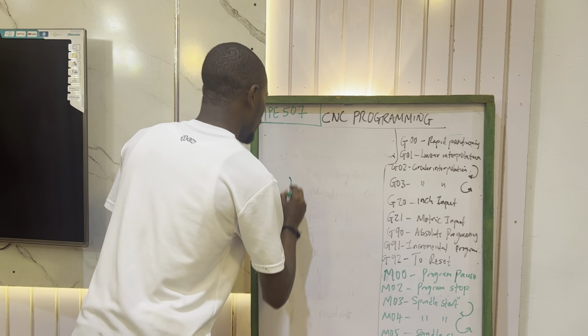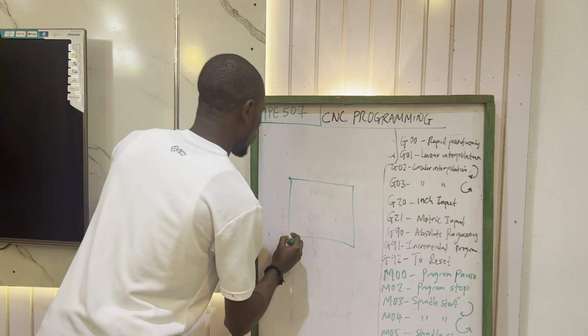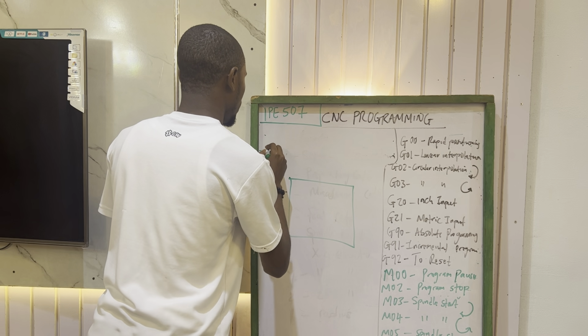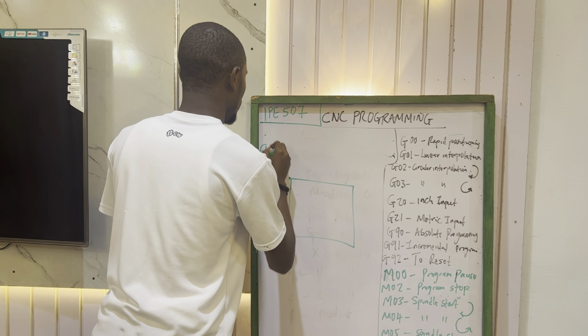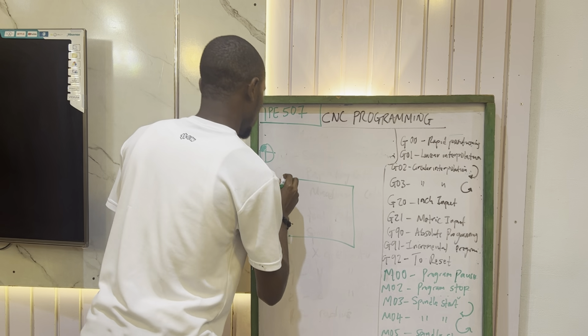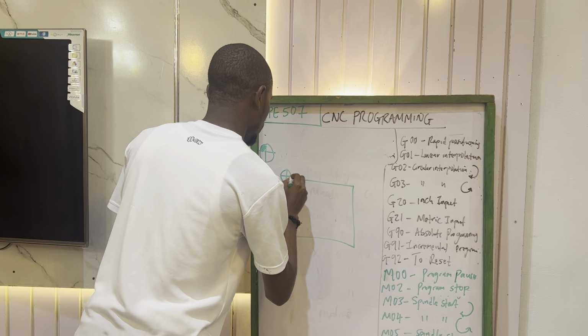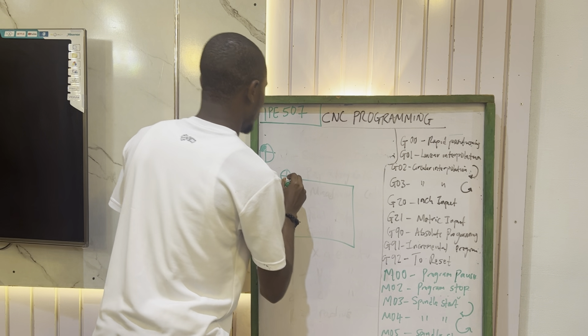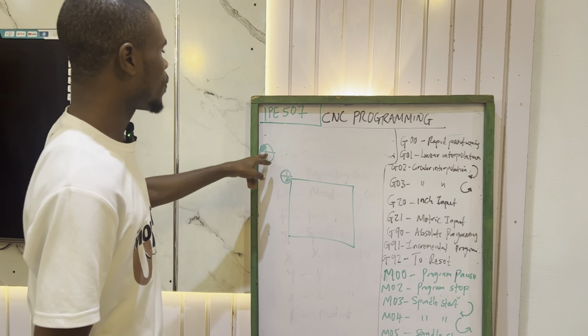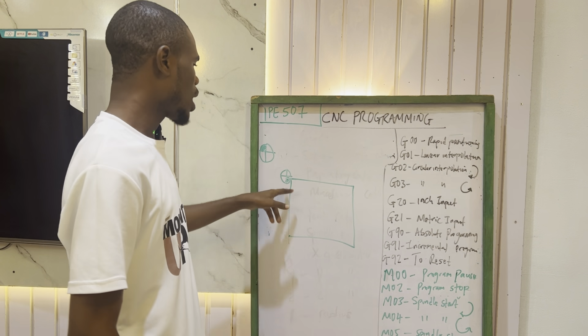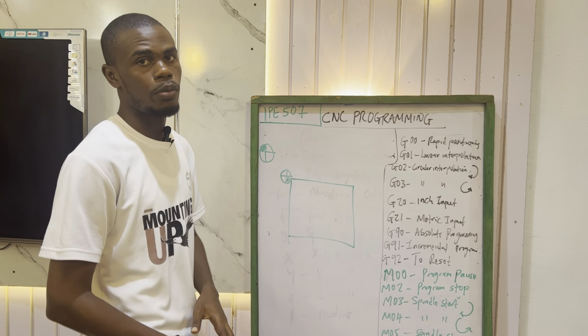Take for example, this is the current place that we have. This signifies the initial place that your cutting tool is, and this signifies the very point you want to start the operation.